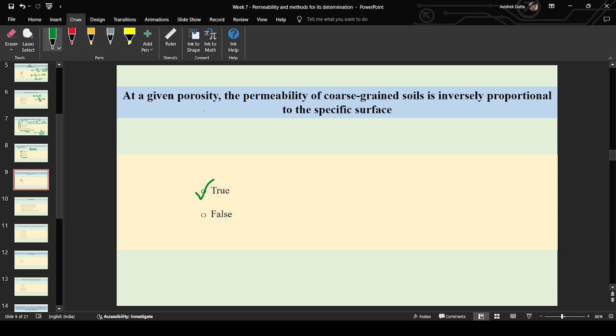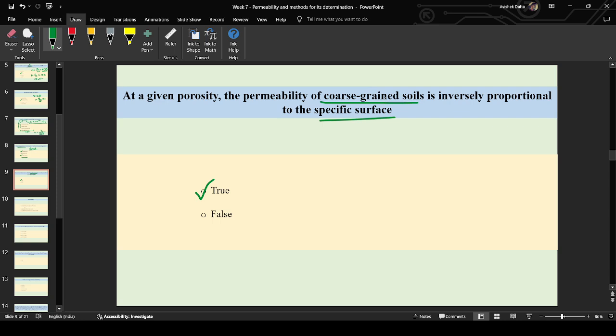If a soil is porous, water is there in the pores, but can the water travel through the pores? It can only travel under a particular interconnection and arrangement of the particles. Coarse grained soils already have low specific surface, and we know coarse grained soils have higher permeability.